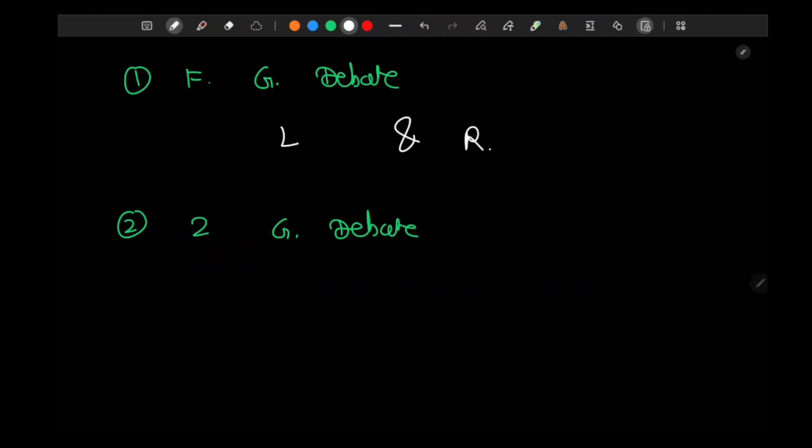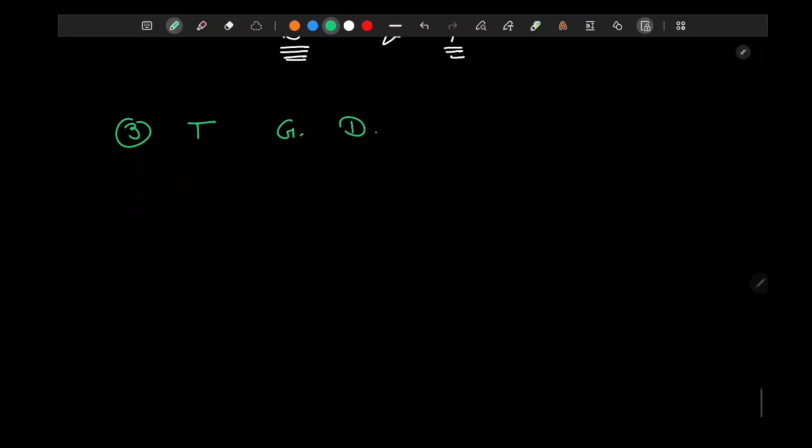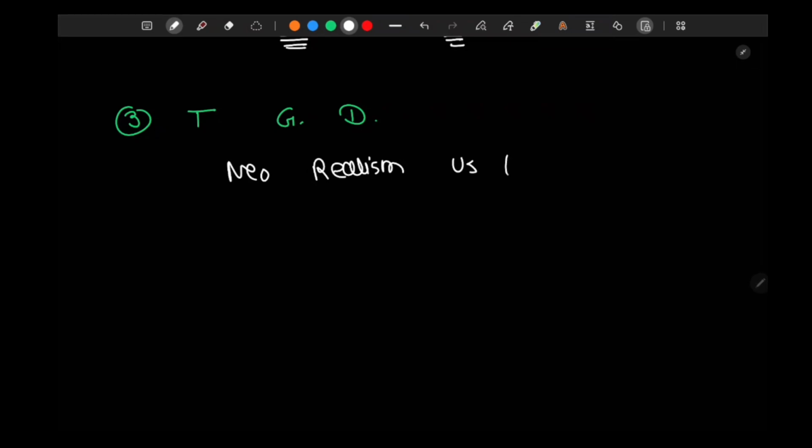I hope you understand the meaning of both the words, behavioralism and traditionalism. The third great debate has been between neo-realism versus neoliberalism.